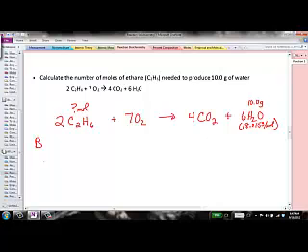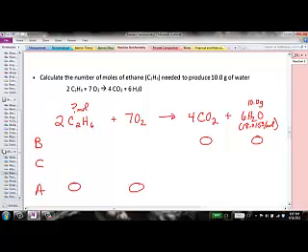Okay, so B, C, A. All right, my zeros are going to be on my products and on my reactants. Okay, and I want to end up with 10 grams of water. So now here in this one, the thing that's different is they're giving me a value for a product.